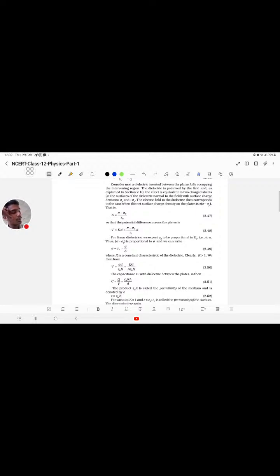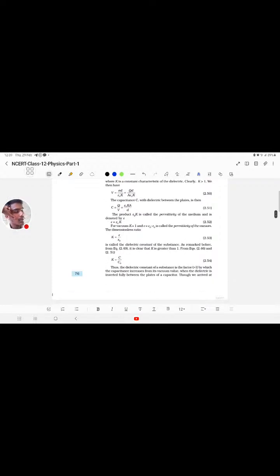And since we know that q is equal to CV, that is V is q by C, so epsilon naught A by d times k is the amount of capacitance when I am inserting a new dielectric.